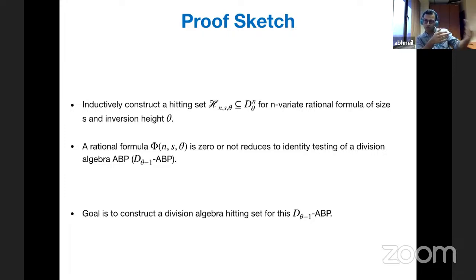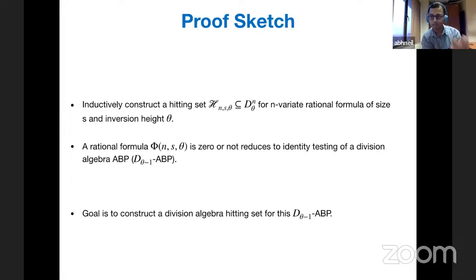So RIT reduces to identity testing of the division algebra ABP, the model that we just defined. Now our goal to carry out this induction is to construct a division algebra hitting set for such D_{theta minus 1} ABPs. I'm just taking some time here, so forget about the RIT problem.